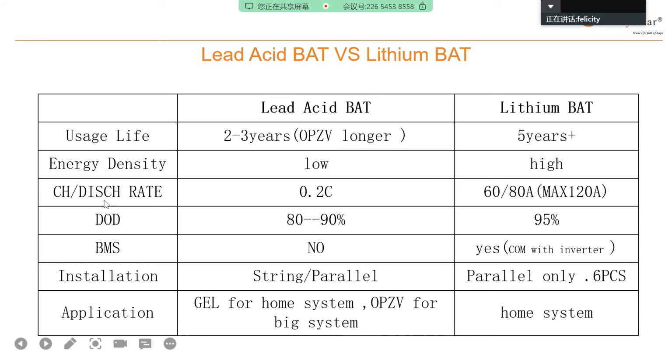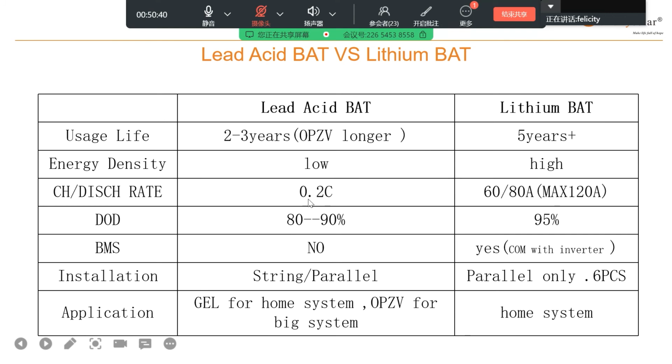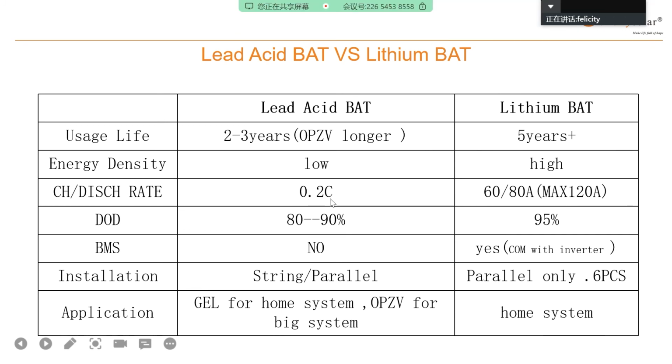Charge discharge rate: for lead acid battery we recommend 0.2 C as we mentioned, and the lithium battery is 60 or 80 amps. It is decided by the capacity, the model. Like if it's 100 amps, the battery is about 50 or 60 amps.